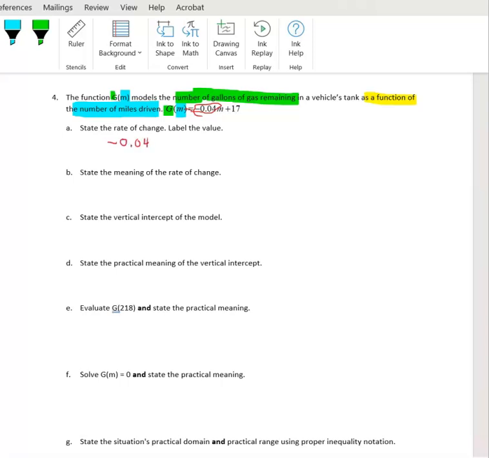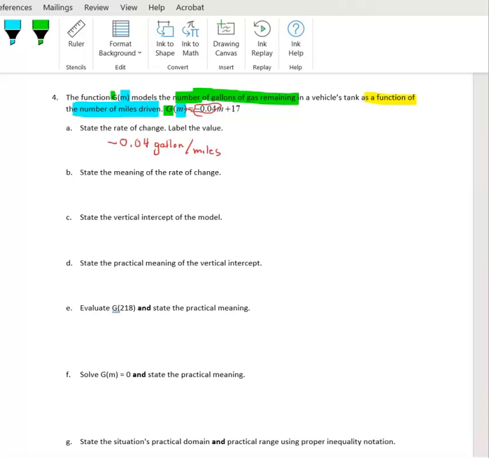Change in output is the number of gallons of gas remaining, so this is going to be gallons per mile. So negative 0.04 gallons each mile.